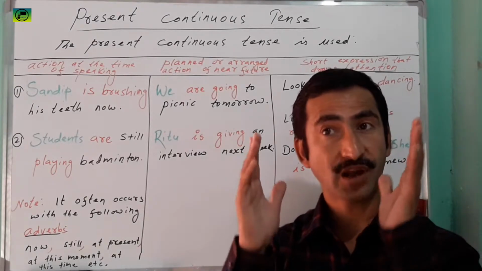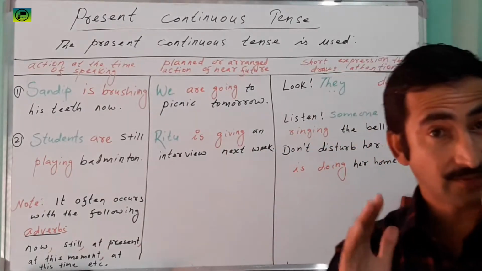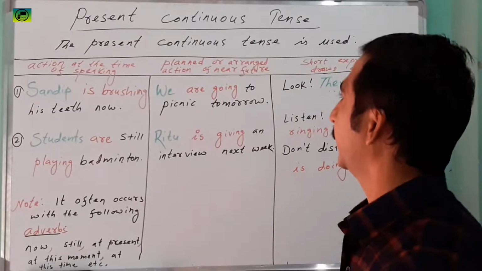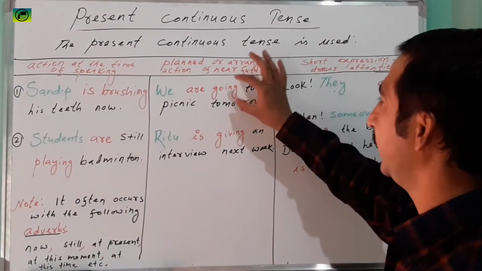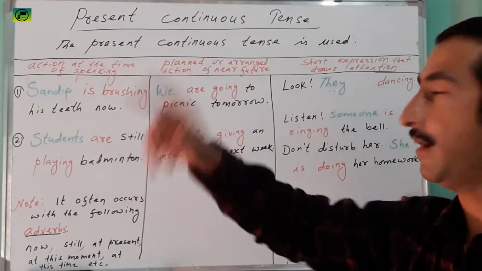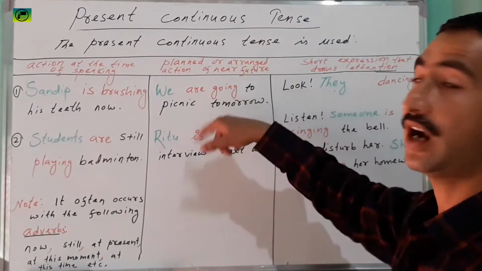If we have planned some action for the future, at that time also we use present continuous tense. So now look here, we are going to a picnic tomorrow. We are making this plan for tomorrow. Tomorrow is future, but what tense is used here? Present continuous tense, are going.